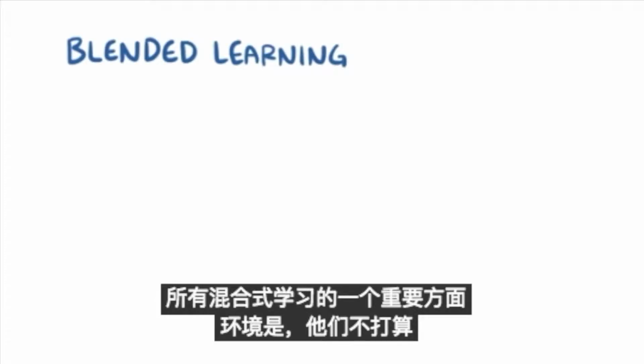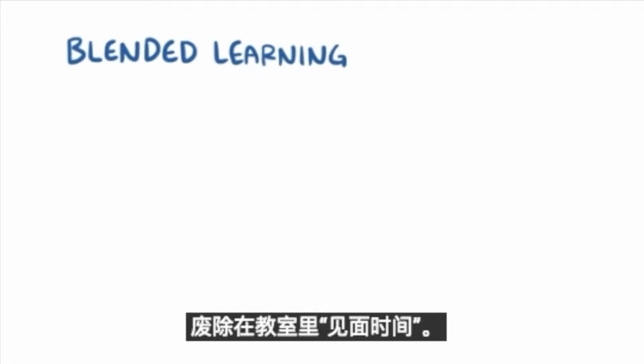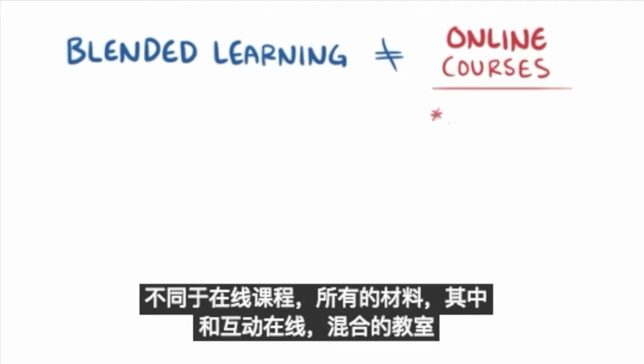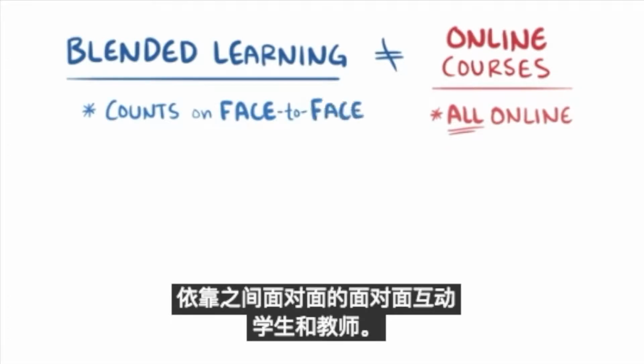An important aspect of all blended learning environments is that they're not intended to do away with face time in the classroom. Unlike online classes, where all of the material and interactions are online, blended classrooms count on face-to-face interactions between students and teachers.